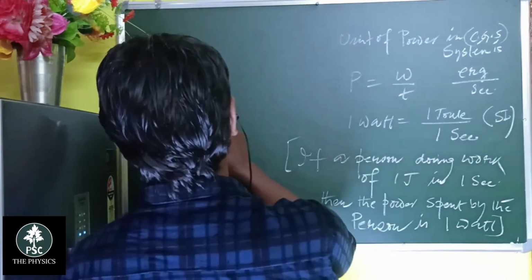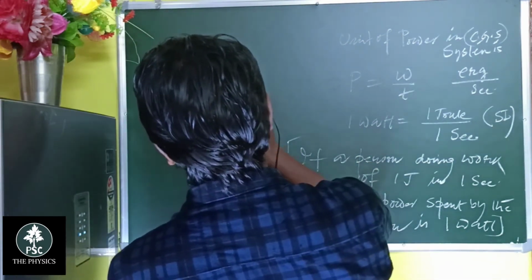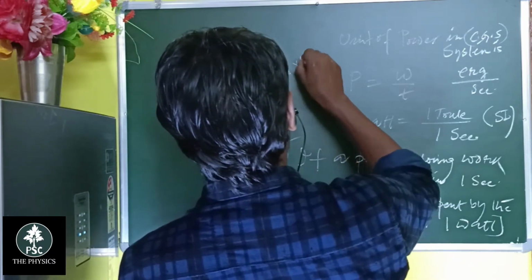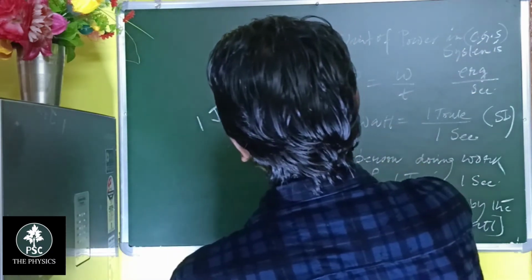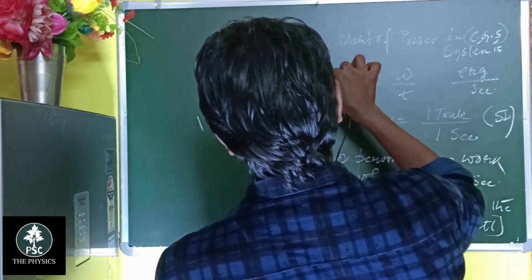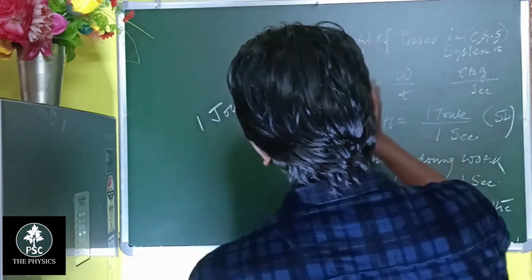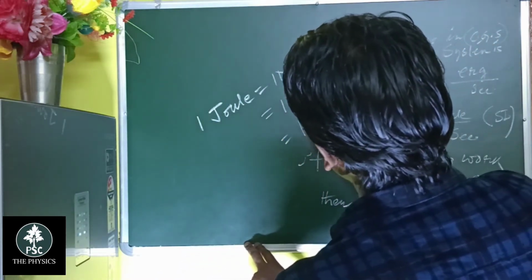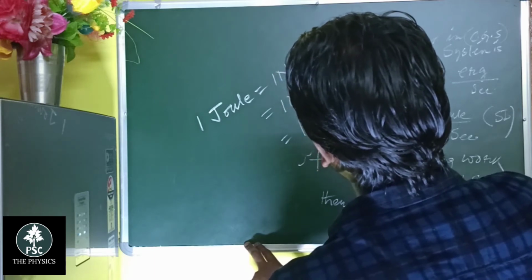Since 1 joule equals 1 Newton into 1 meter. 1 Newton equals 10 to the power of 5 dyne, into 1 meter, which means 100 centimeter. So you can easily say that 5 and then 2 gives 10 to the power of 7 erg.